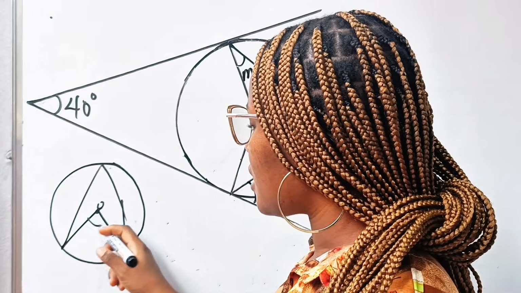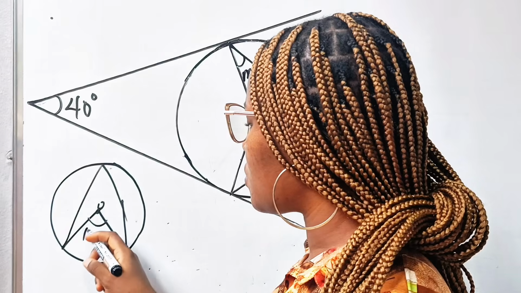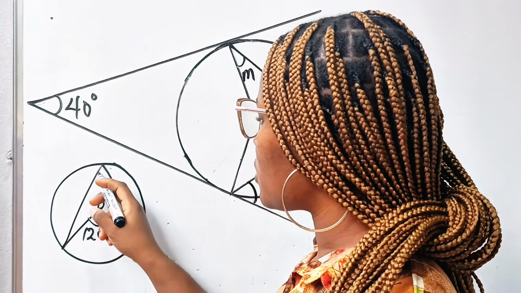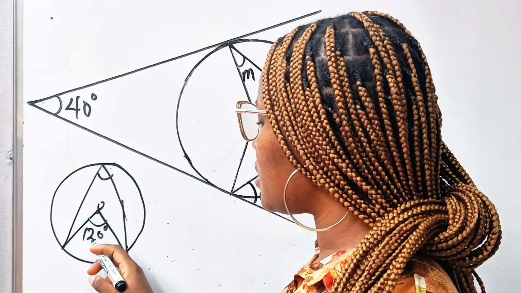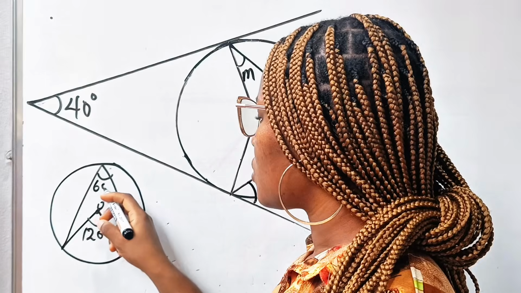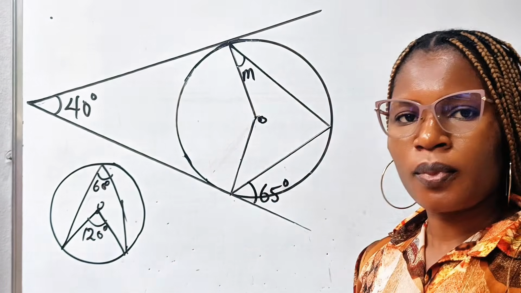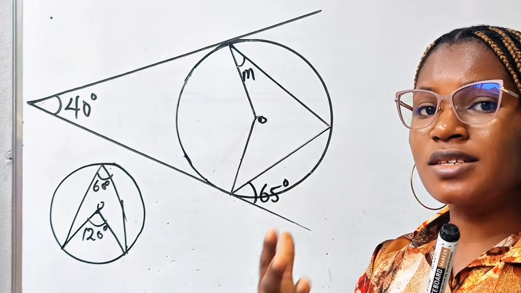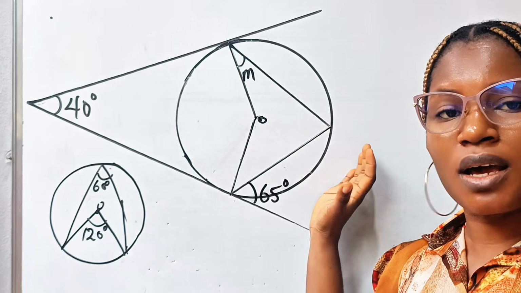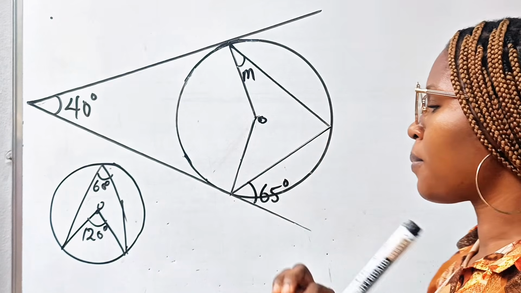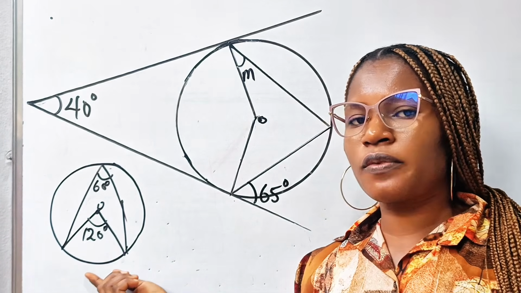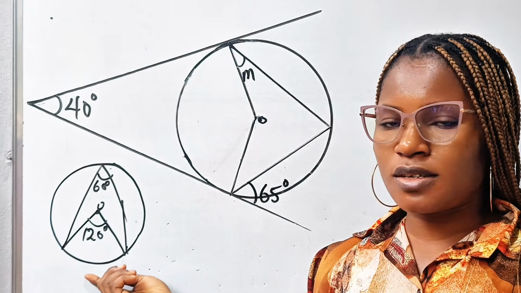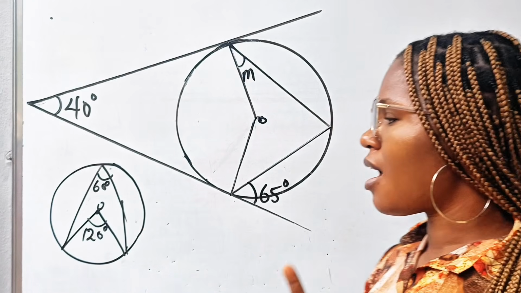What this means is, assuming what we have here is 120 degrees, what we are going to have here is 120 divided by 2, which is 60 degrees. I've not even started applying it, but I'm already seeing that with the knowledge of this, I'll be able to get to my destination. All right.